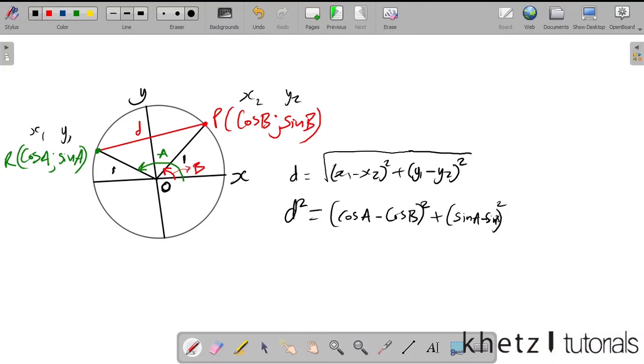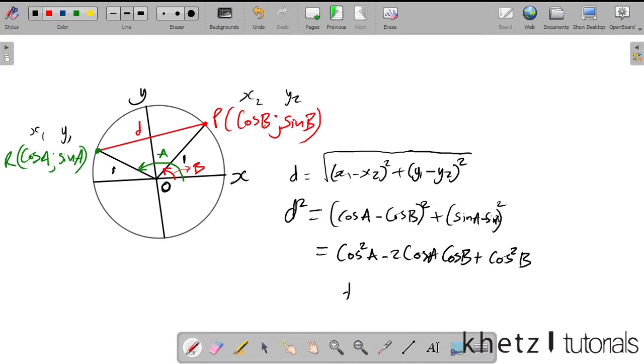Let's remove this so we have more space. So you have that, and the result of this is basically just applying your algebra. You're going to have cosine squared A, then you're going to have negative 2 cosine A cosine B, and finally you're going to have the square of the last one. So the same thing applies to this other bracket over there.